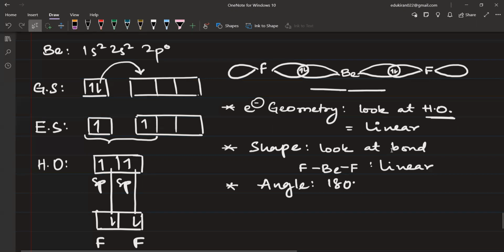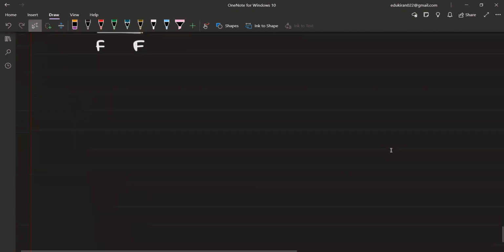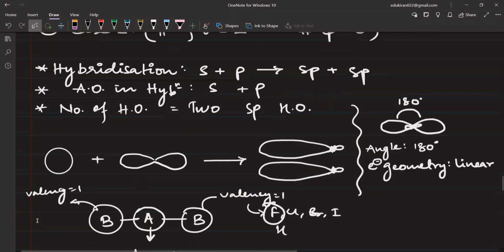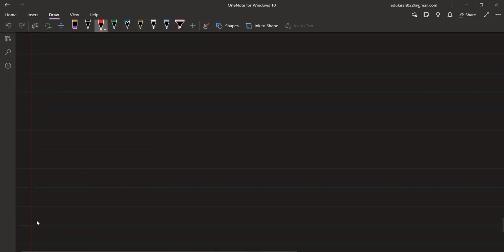Steric number 3. In this case, I will be using the example of AB3.